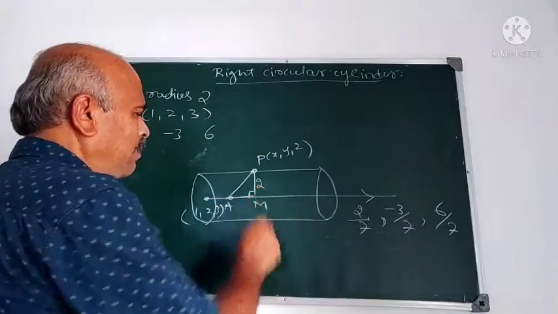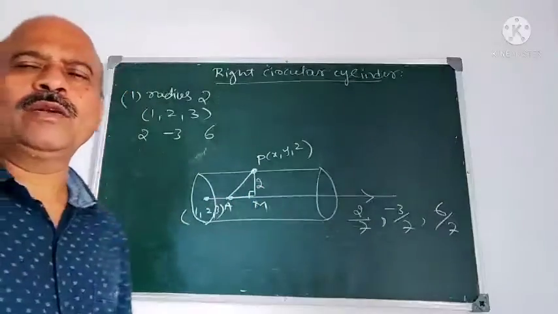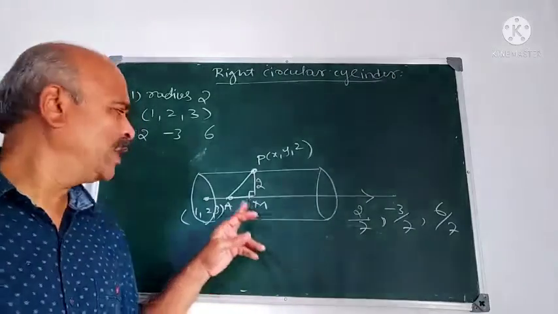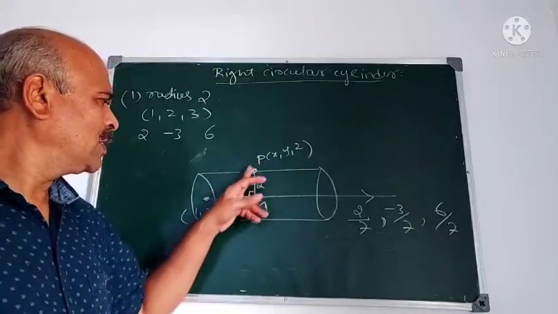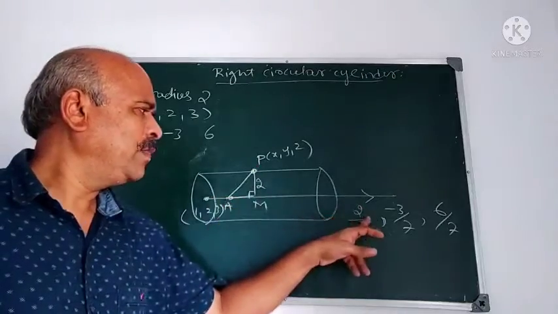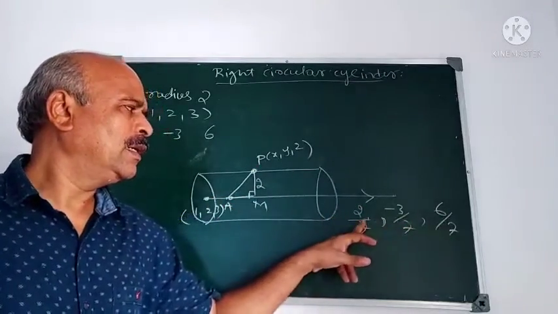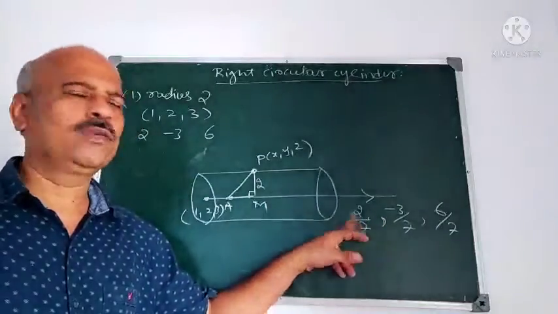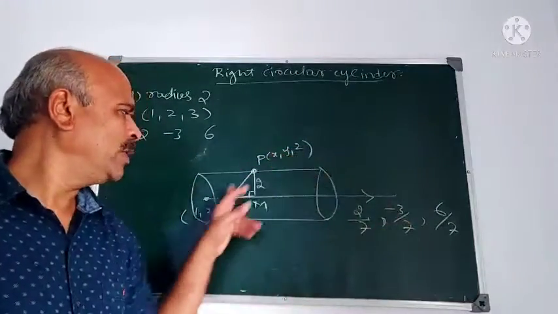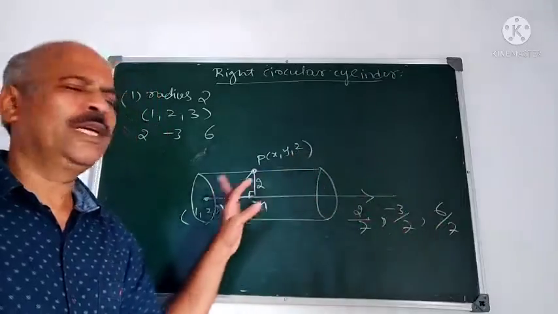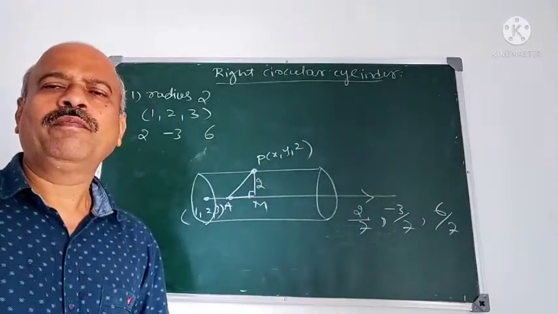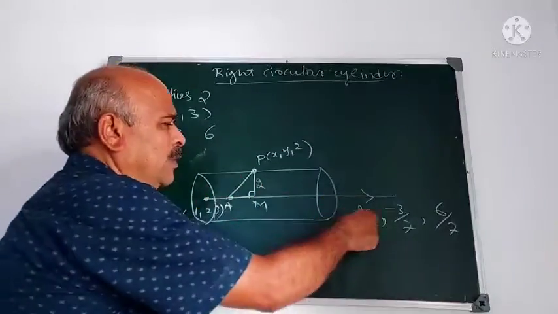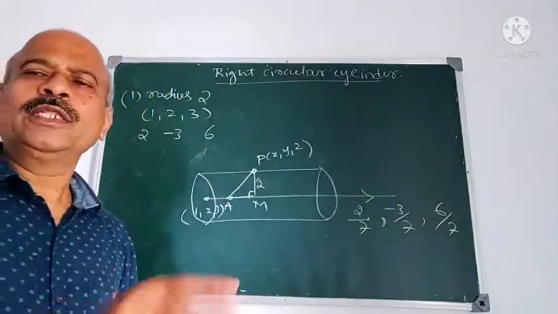How to find AM? In a right circular cone, we have used this. AM is the projection of AP on the line whose direction cosines are these. What is the formula? l times (x2 - x1), m times (y2 - y1), n times (z2 - z1). That is the formula for the projection of the line joining AP on the line whose direction cosines are these. This is the procedure.